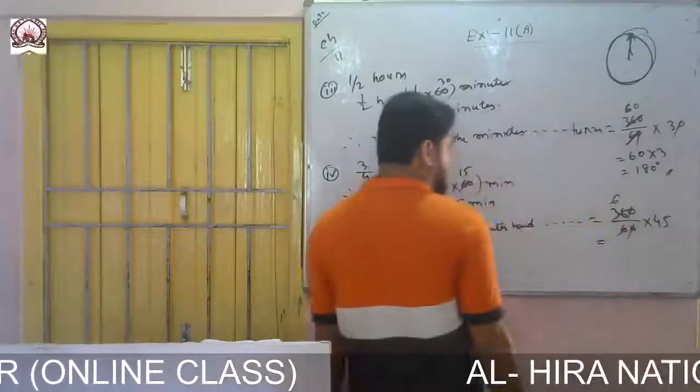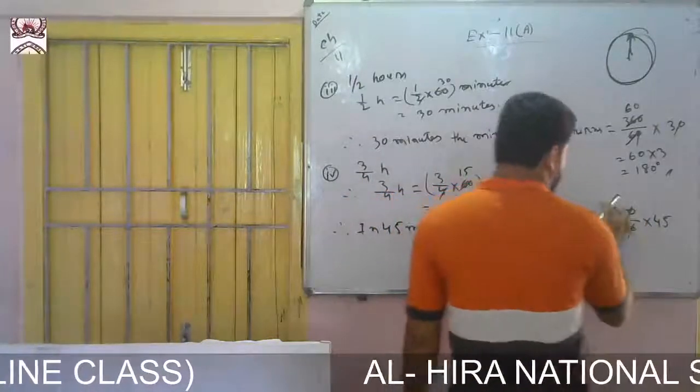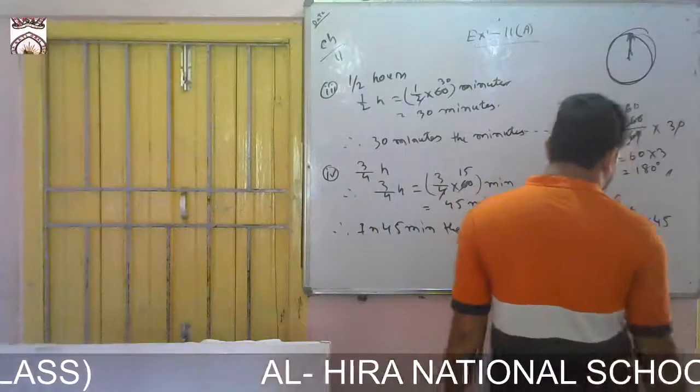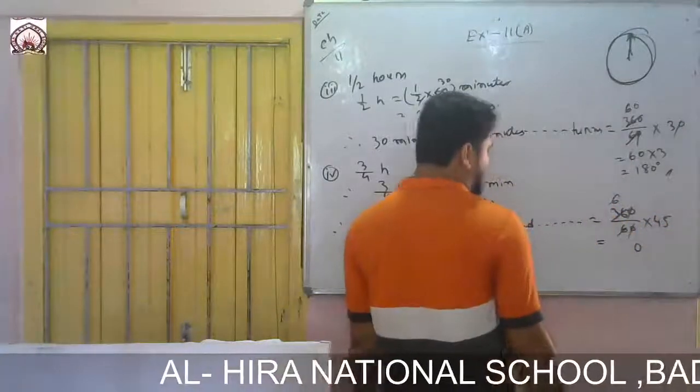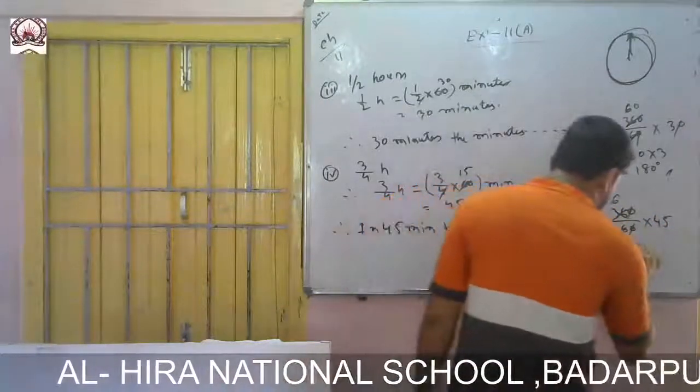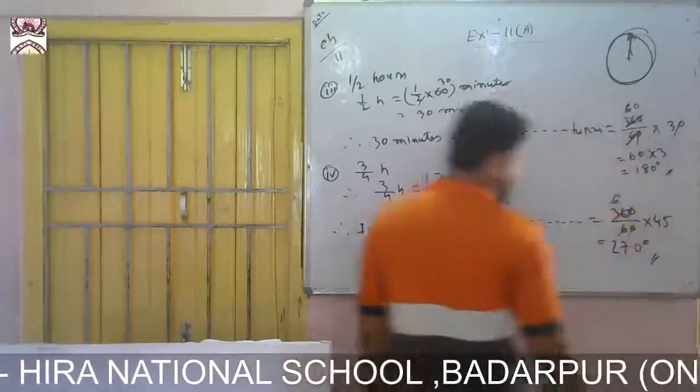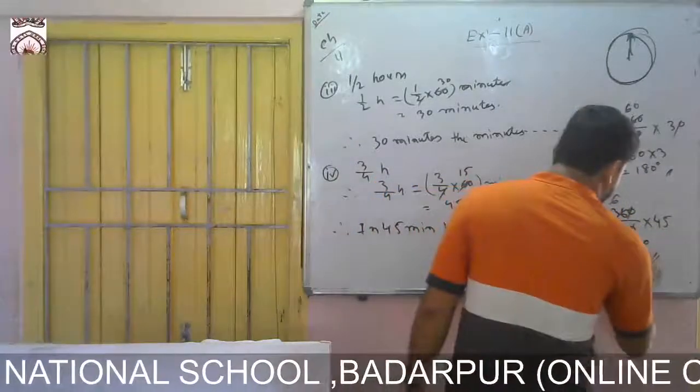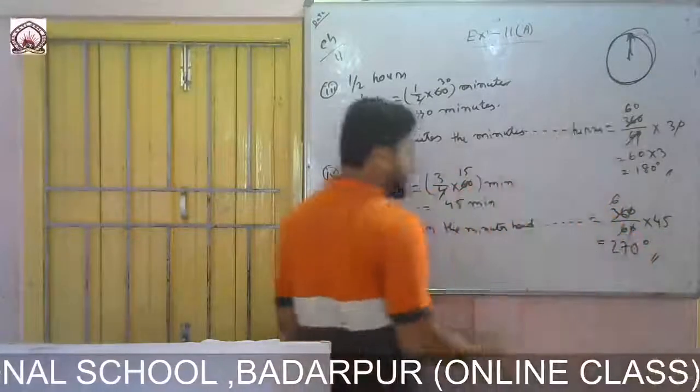So 45 into 36 how much? You check. 6 5s are 30 and remain 3. 6 4s are 24, 25, 26, 27. 27 degree.